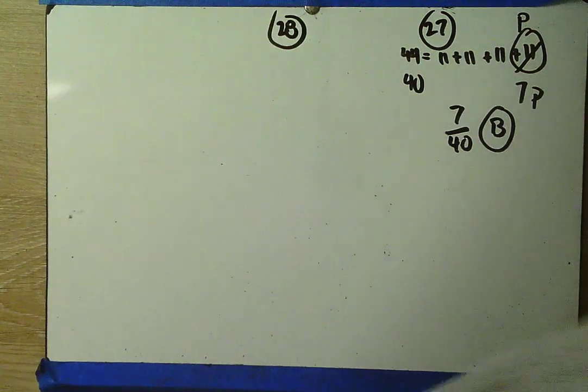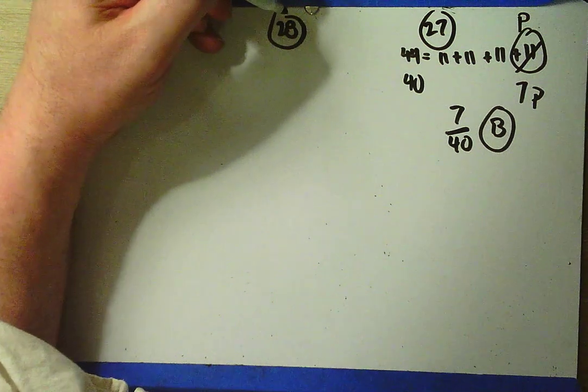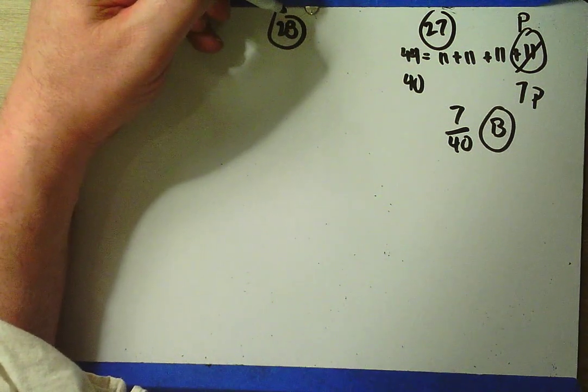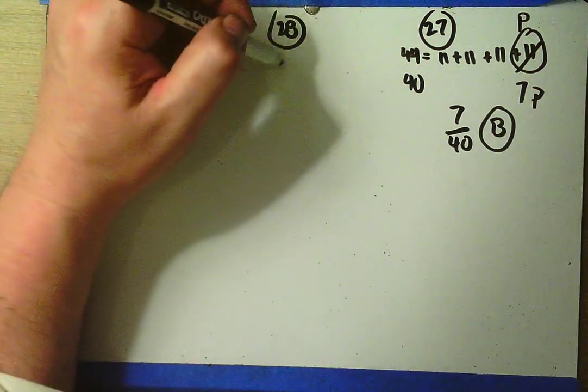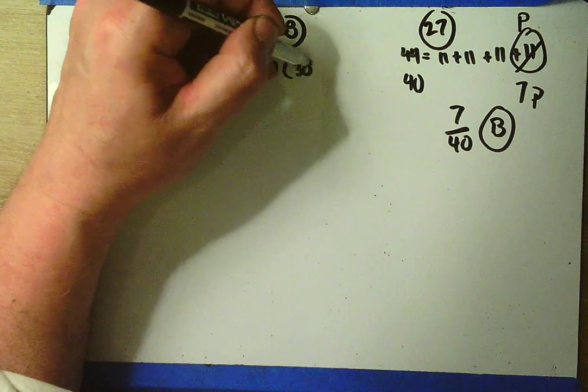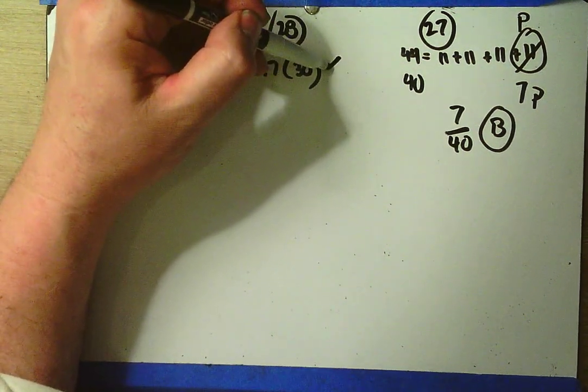28. A student in Miss Ruan's class must repeat a test if the student earns less than 70% of the points. There are 30 points available, so 70% of 30. And that's if they earn less than that.